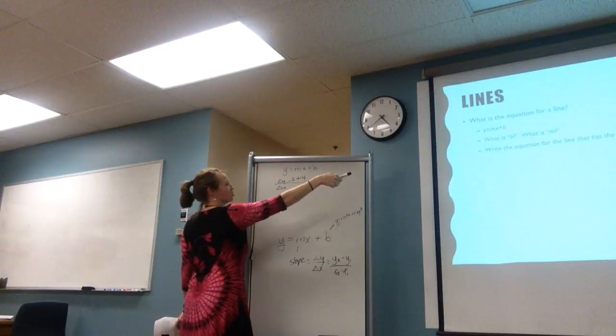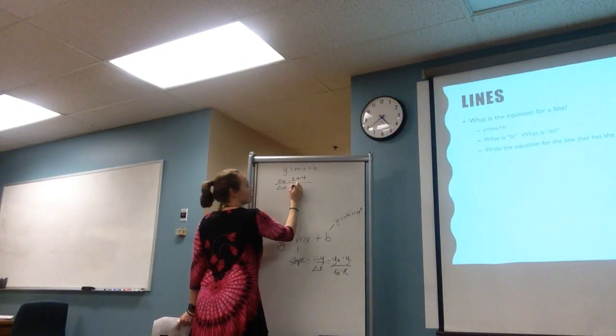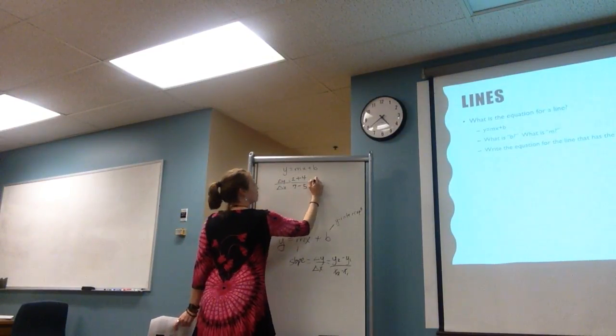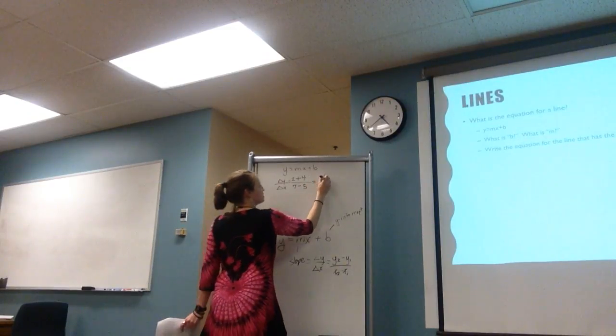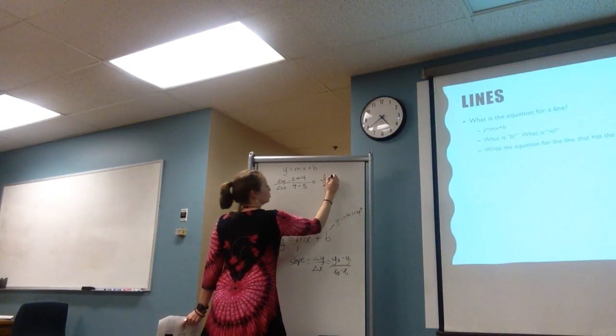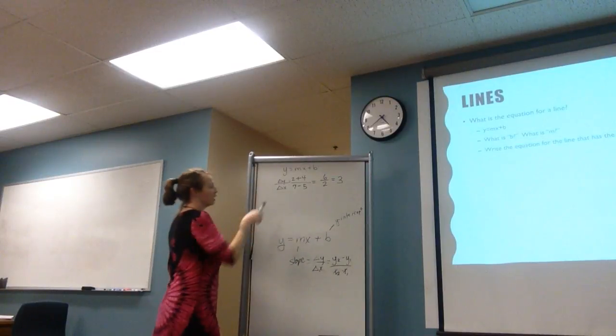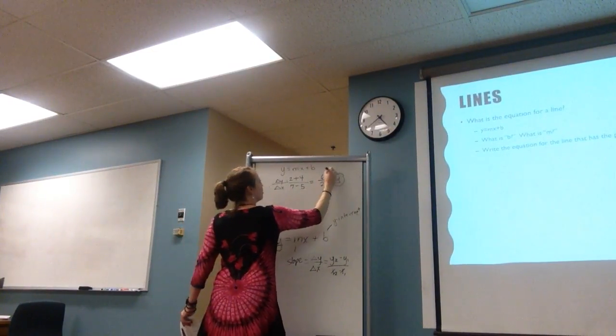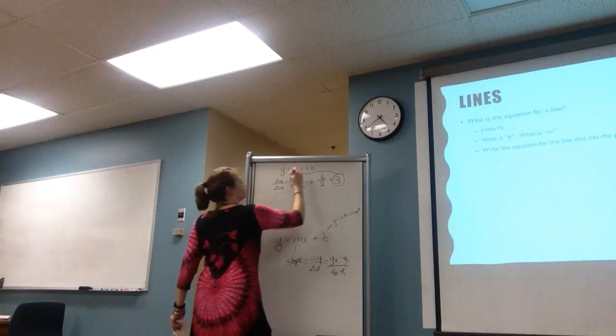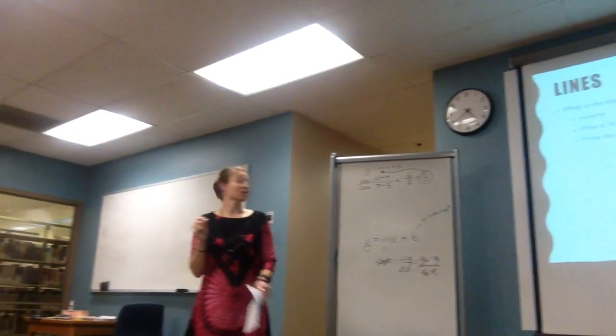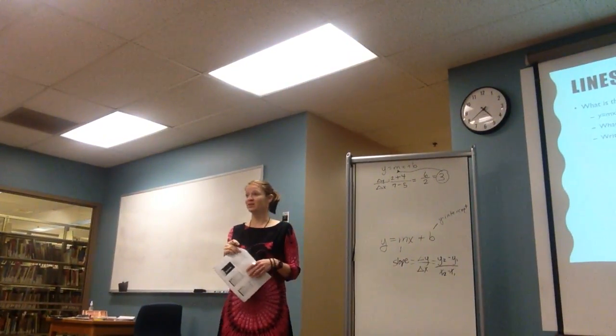So I started with the 2, so this time I have to start with the 7. 7 minus 5. I'm going to get 6 over 2, which reduces to 3. My slope, my m, is 3. Did everybody get that far? Okay, so we found our slope.